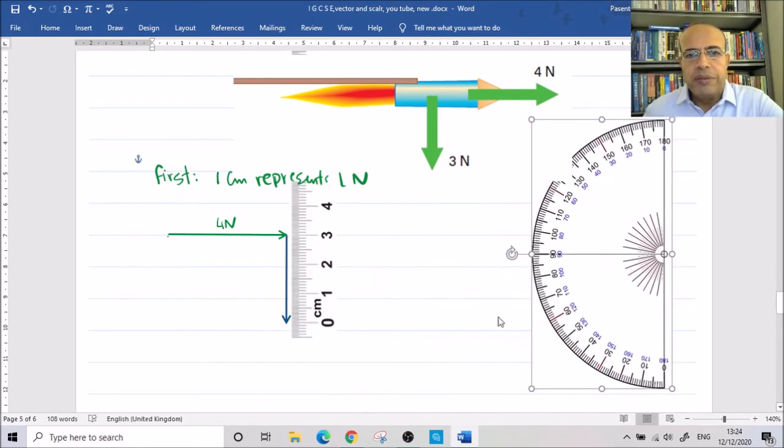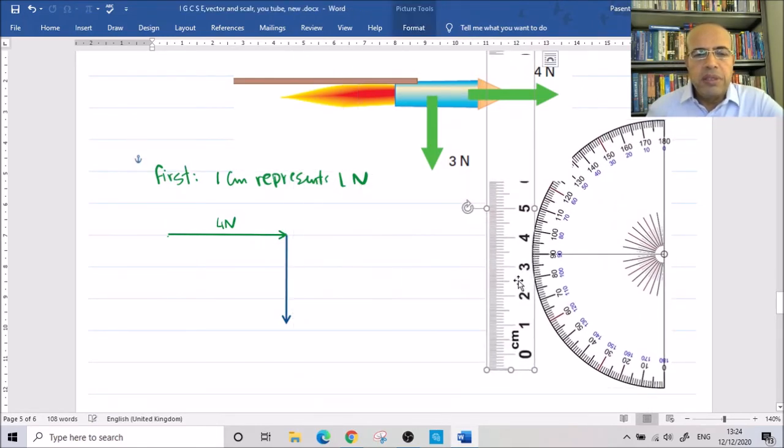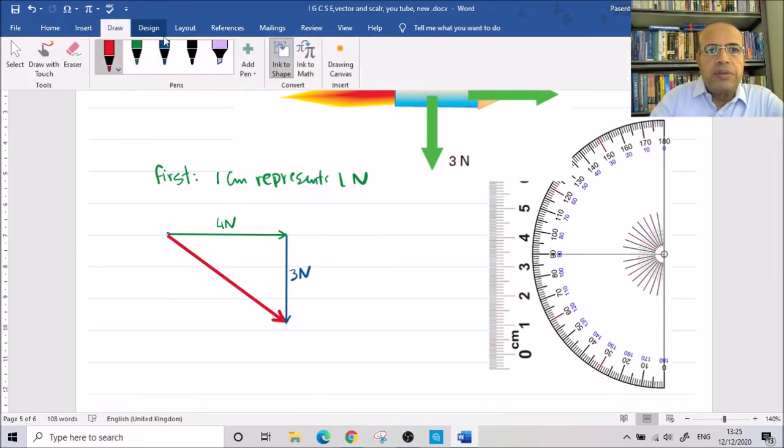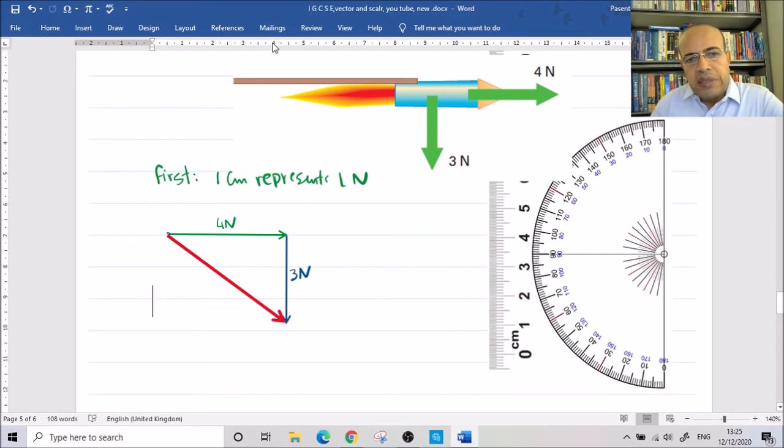So this is the ray which represents the vector 3 Newton down. Then we join the tail of the first with the head of the last. So this is the resultant vector, and that red one is the resultant.